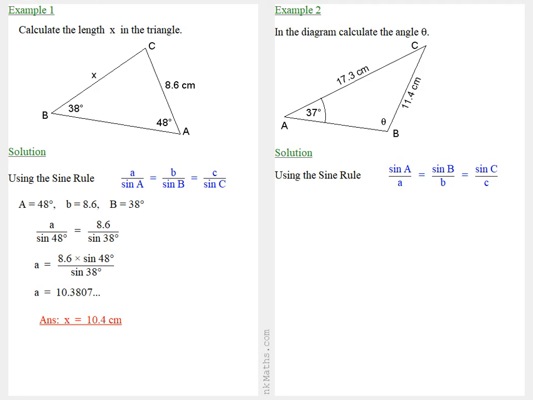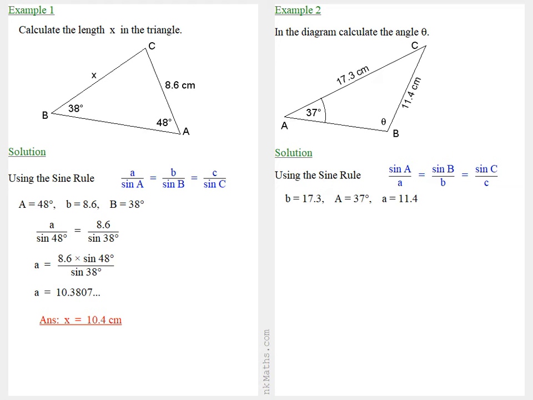But since we're trying to find a missing angle, we'll use it in the form sine A over a equals sine B over b, which is equal to sine C over c. And we have the side b is 17.3, the angle A is 37 degrees, and the side a is 11.4.